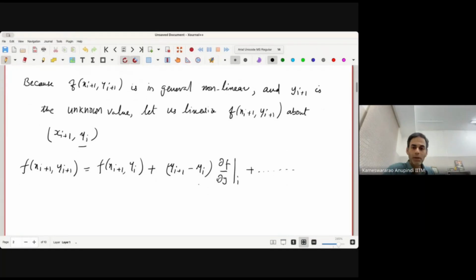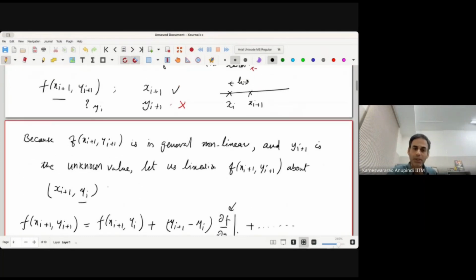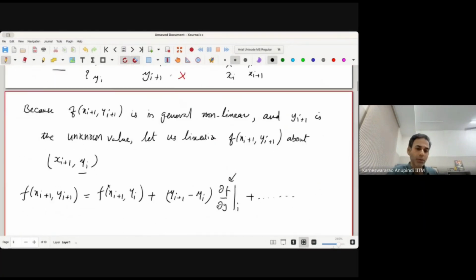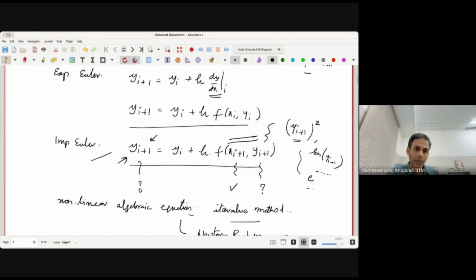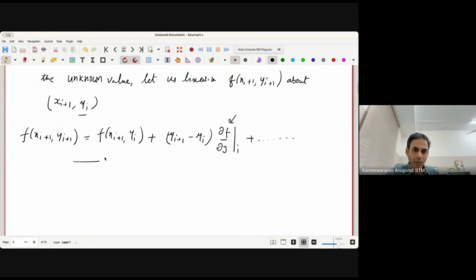Because the function f is known, I can also calculate the partial f by partial y at i, right? This can be calculated. So we can go back and substitute this expression into the implicit Euler expression, which I'm going to repeat here.